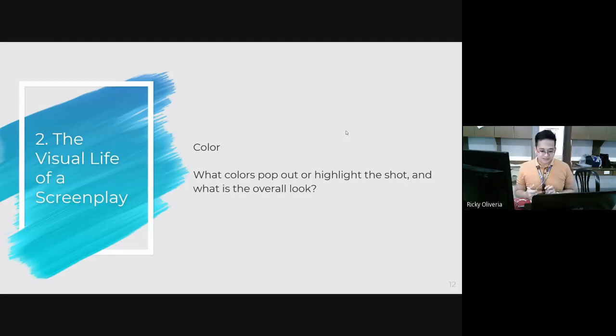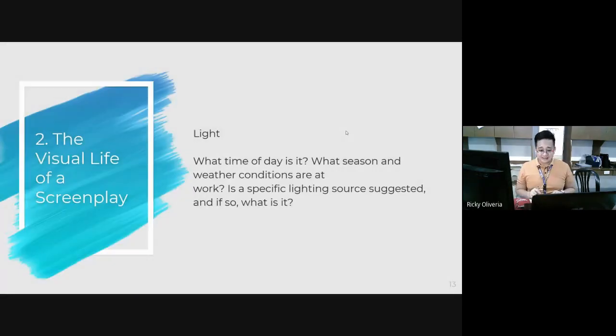May mga color na, let's say for example, start ng movie kulay red, ganon. Start ng movie kulay black, start ng movie kulay gray. Something ganon. So it highlights the overall look of the movie or even the overall look of the script, no?